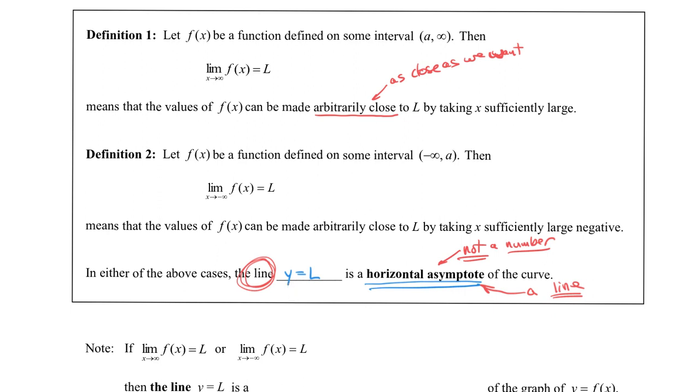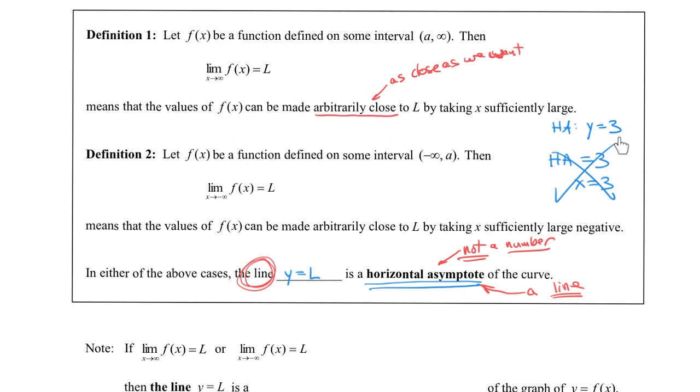So let's say you're working on something and they say horizontal asymptote. You can't say horizontal asymptote equals 3. That doesn't make any sense. You can't say horizontal asymptote is x equals 3 because that's a vertical line, right? So you don't want any of this. You want to say something like the horizontal asymptote is the line y equals 3, right?